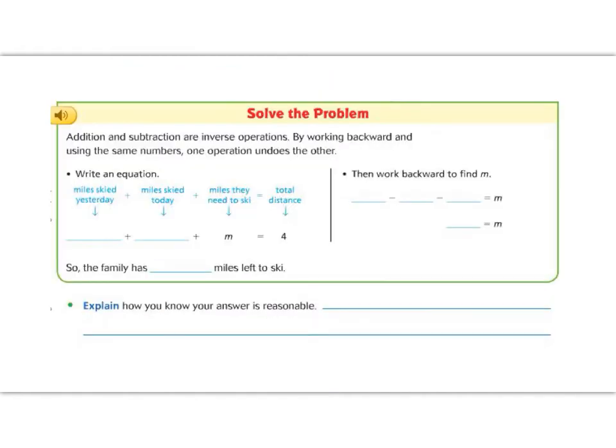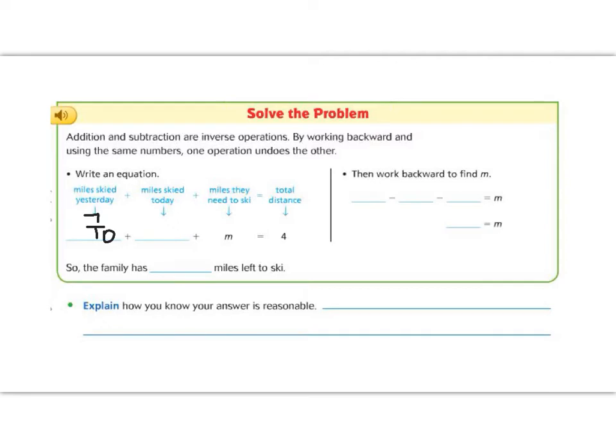All right, 5th graders, addition and subtraction are inverse operations. By working backwards and using the same numbers, one operation can undo the other. So let's write an equation to find out what we already know. So the miles that they skied yesterday. Well, they told us that the miles that they skied yesterday was 7/10 of a mile on the Oak Trail.